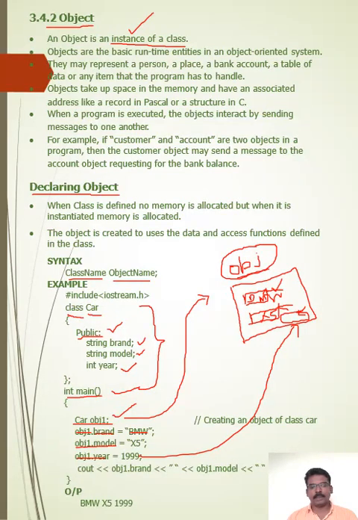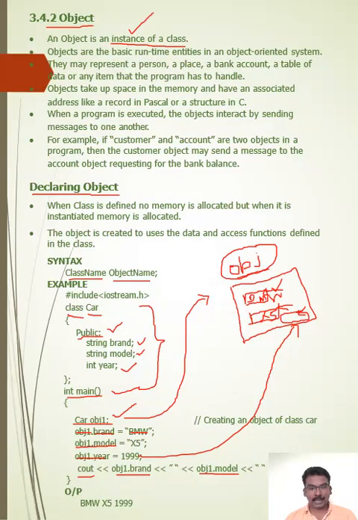Then we are going to display the details that are stored in the object. What we did for insertion, we do the same for extraction. For displaying, we use the cout function, and using that function we display the details inside the object.